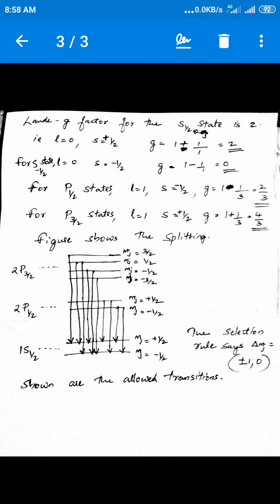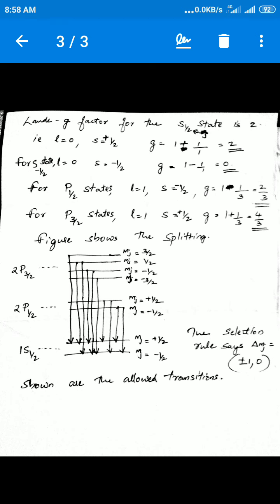S means l is 0. And here j is given as half. So l 0 means S also will be half, since J is half and L plus S is J. So l is 0, S is half.